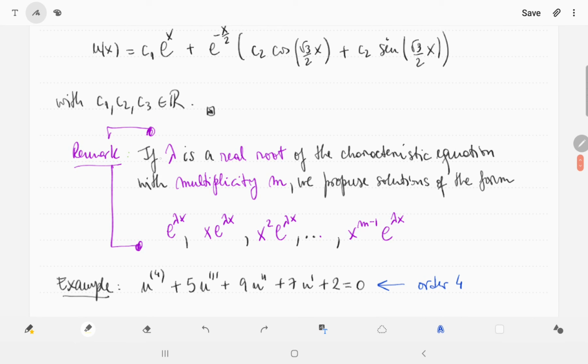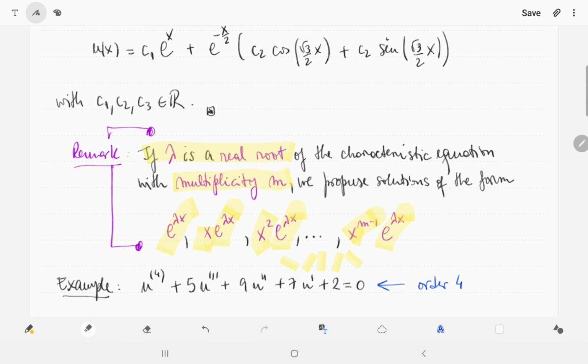If we have a real root of the characteristic equation with multiplicity m, then we propose solutions of the forms: the exponential with only lambda, the same exponential with x, the same exponential with x squared, and so on, up to the same exponential with x to the m minus 1.